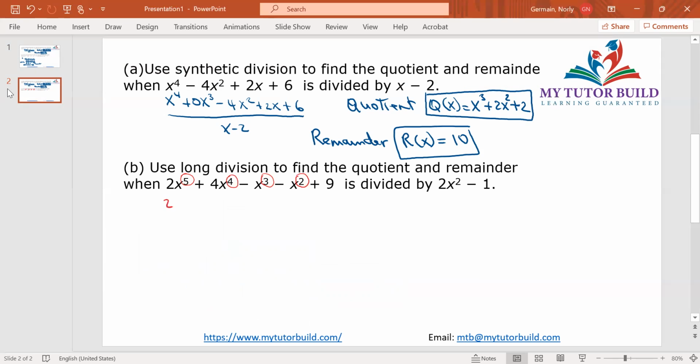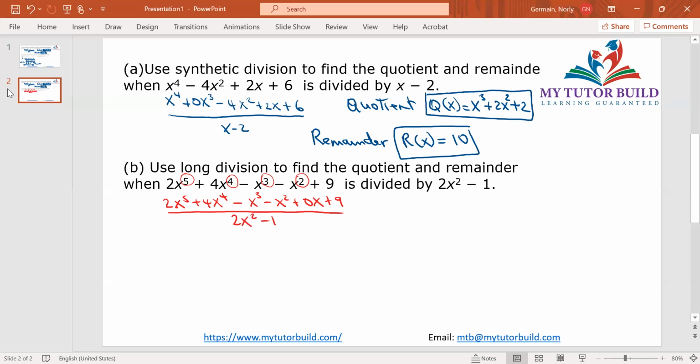So we're going to rewrite it as x power 5 plus 4x power 4, x power 3, x power 2, 0x power 1. We need to show this term is right there, and it's going to be divided by 2x squared minus 1.